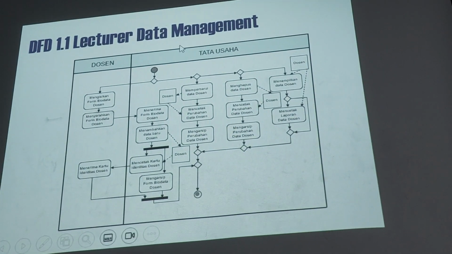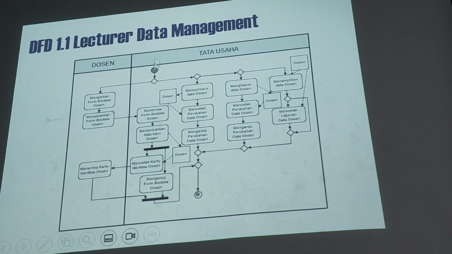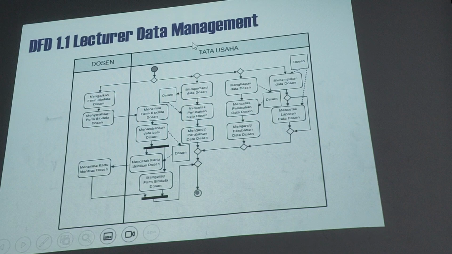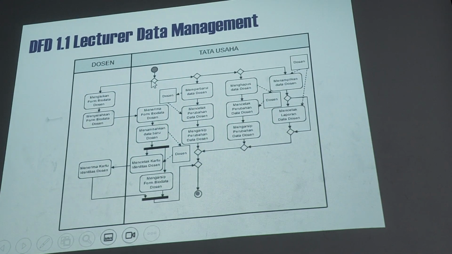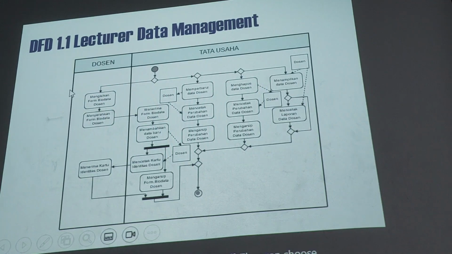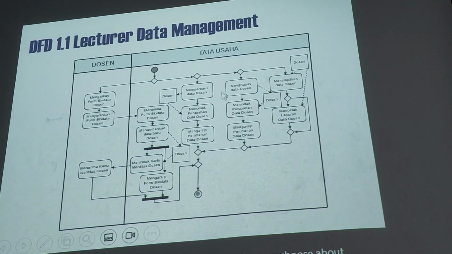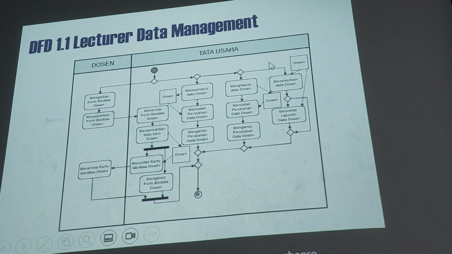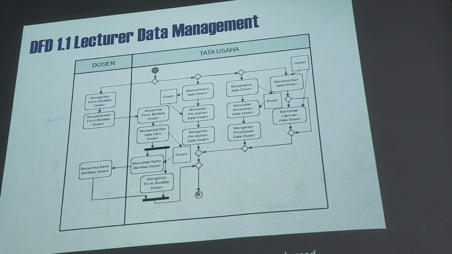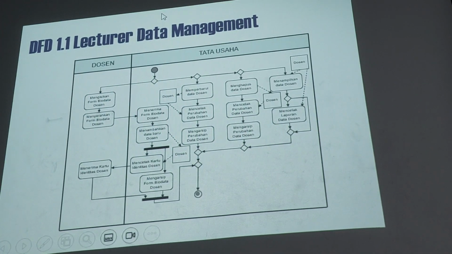So this one is start, and then this is the administration staff. They can choose editing data, update, delete, or only read the data. So this is the flow for the activity.